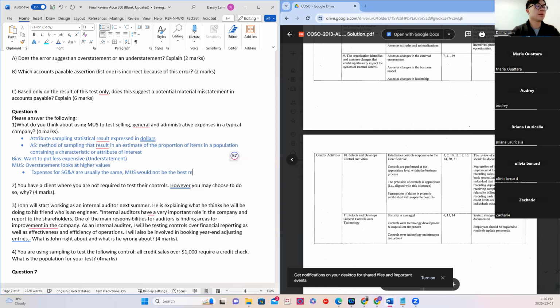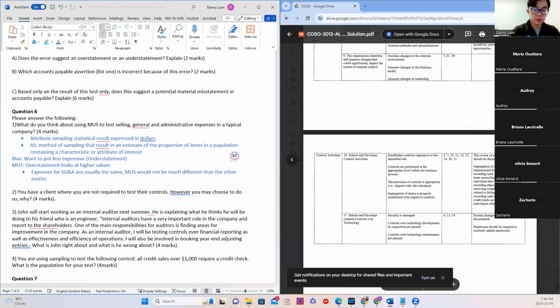Yes, if I say MES would not be much different than the other methods, as it usually tests for overstatement.